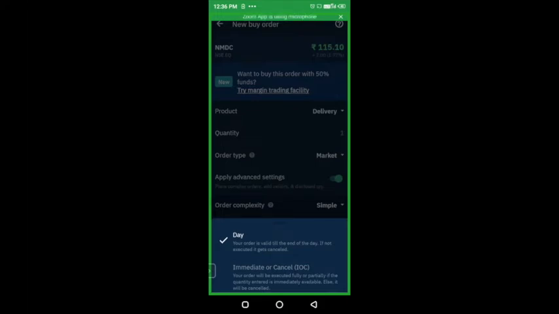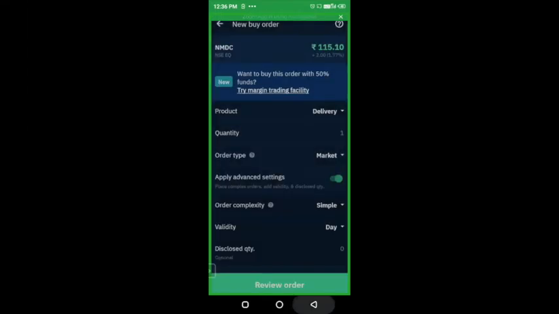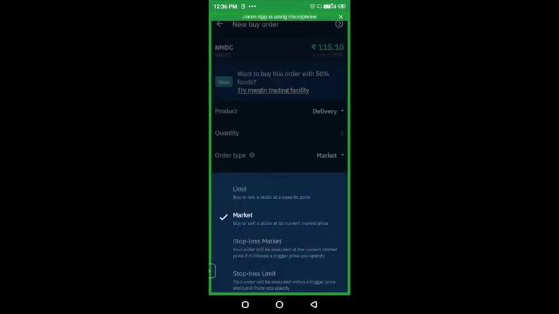After which, if you have kept a limit order, there are many other types of orders also, but I explained only market and limit. For these types of order, the validity will be only for a day.